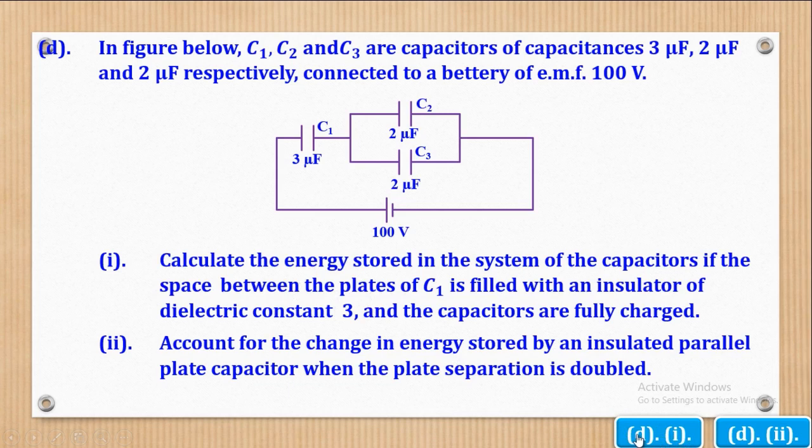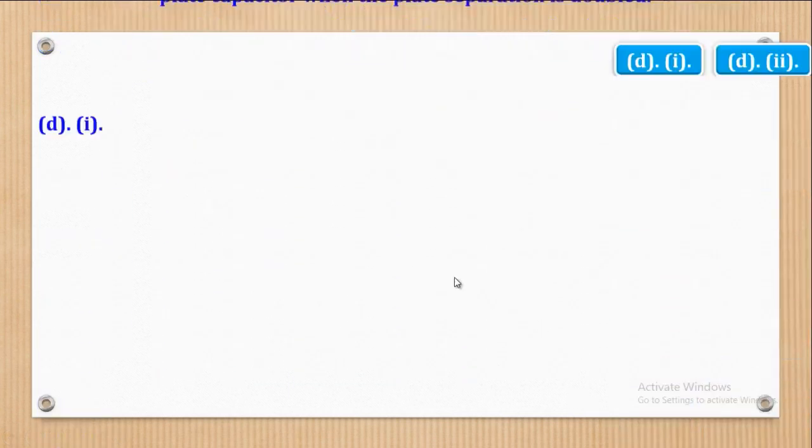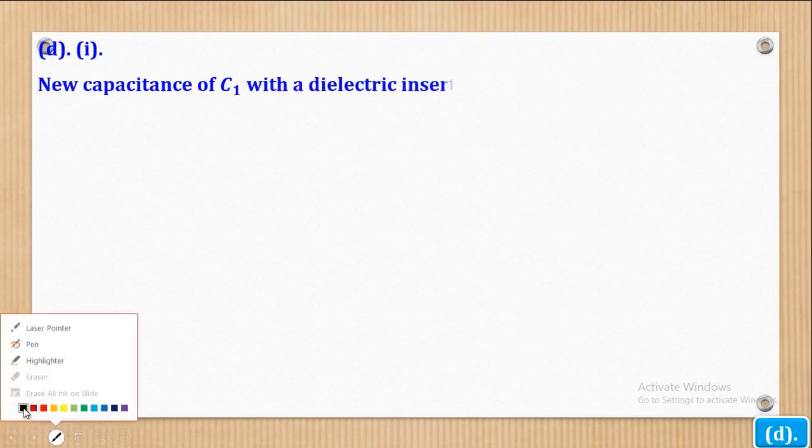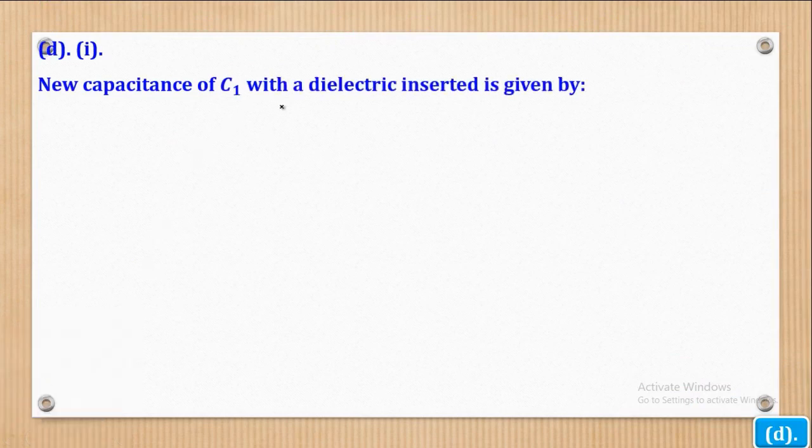Therefore we shall come here and say that the new capacitance of C1 with the dielectric inserted is given by C4 equal to dielectric constant multiplied by the capacitance with free space. So dielectric constant is 3, capacitance was 3, so we'll come up with 9 microfarad.